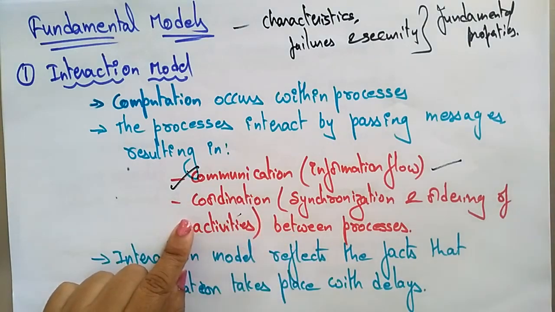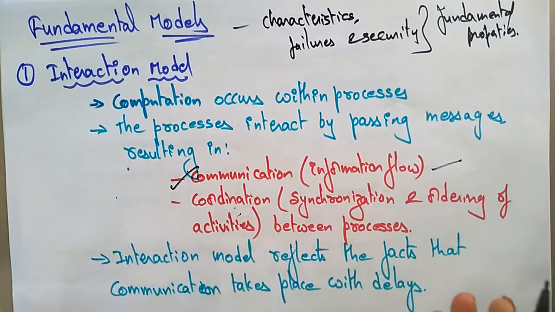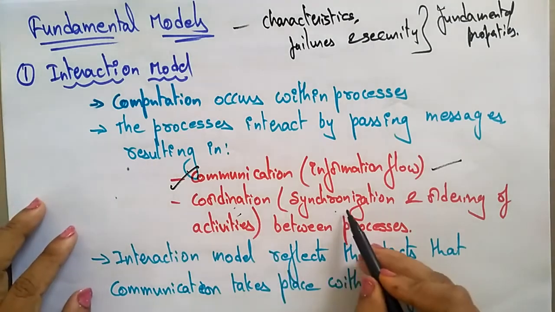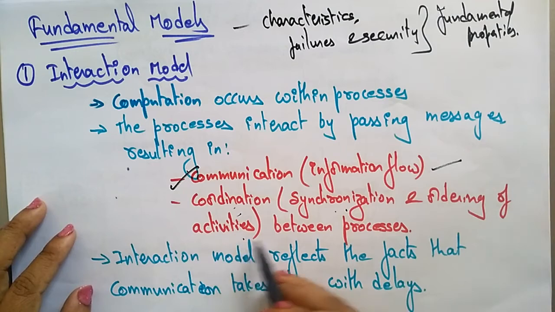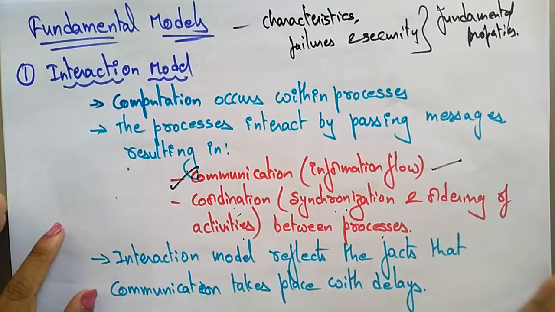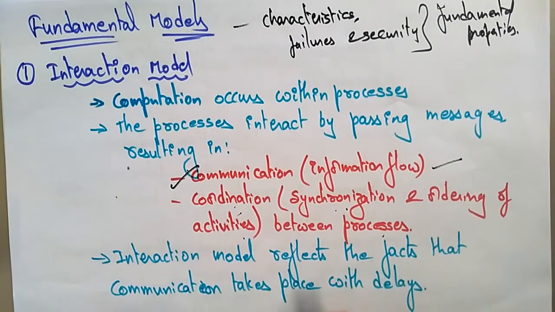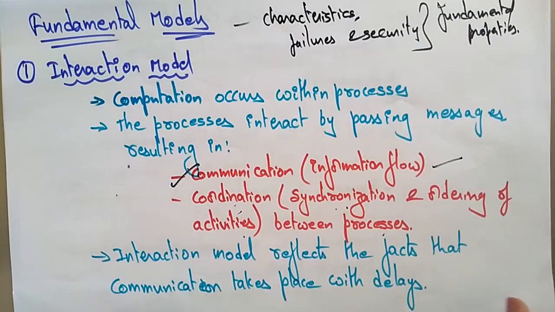Communication means it's just an information flow. Coordination means it's just a synchronization. There should be a synchronization between the two systems or two processes, a synchronization and ordering of activities between the processes. So you have to remember that to interact within processes, there should be communication and coordination. The interaction model reflects the fact that communication takes place with delay.